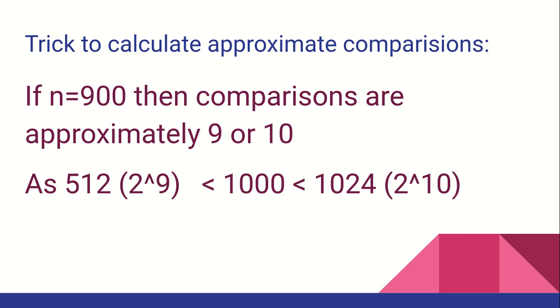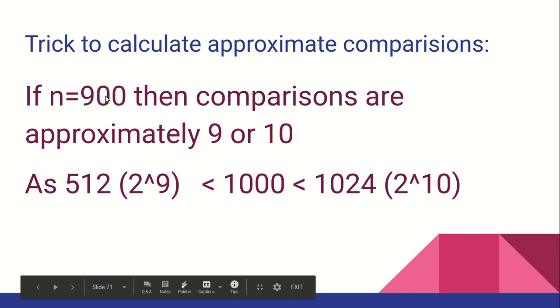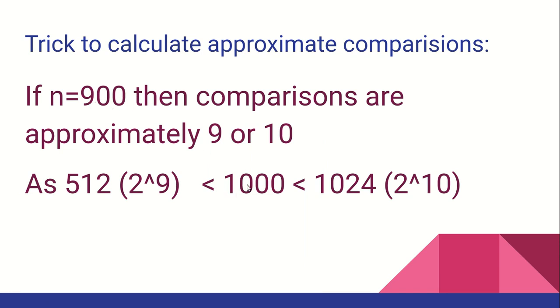Now if n is equal to 900, meaning I have 900 elements in the list, and I need to calculate the comparisons. So 900 is less than 1024, that is 2 raised to 10, and this 900 is greater than 512, that is 2 raised to 9.